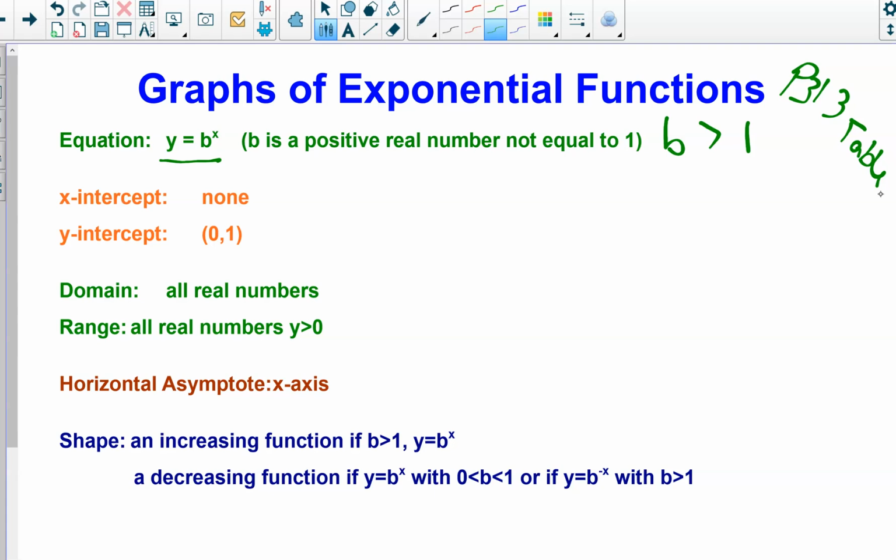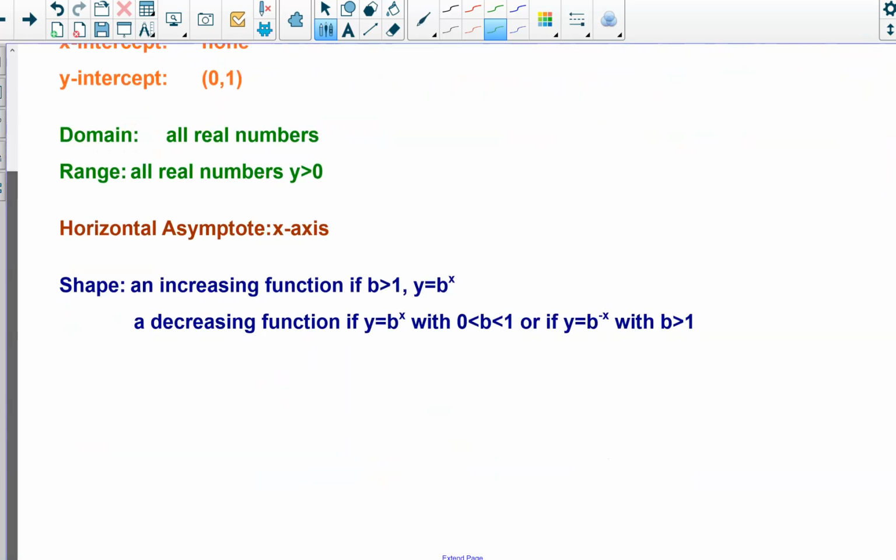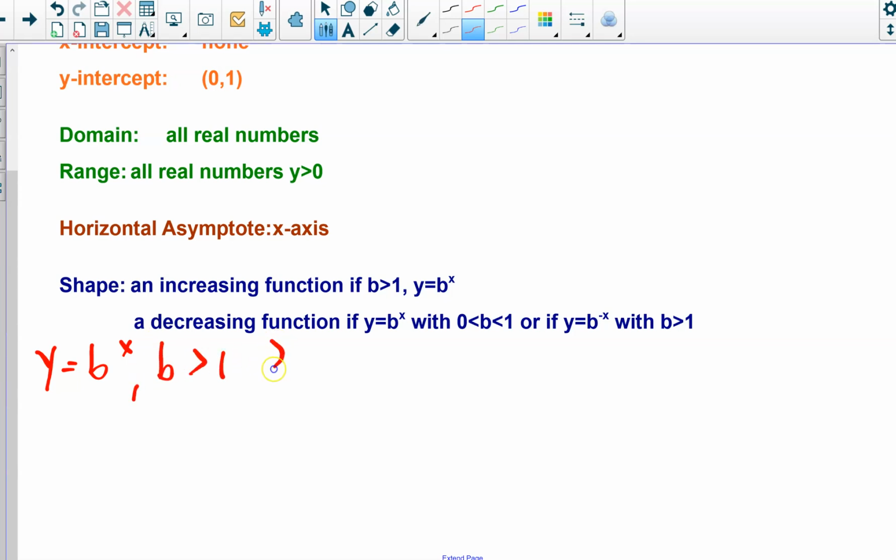So if I was going to actually look at the x-intercepts, the y-intercepts, domain, range, horizontal asymptotes, and then the shape, I think I'm going to start with the shape here, and just to give you some idea on that. So if I had y equals b to the x, where b was greater than 1, this is going to look like that kind of a curve.